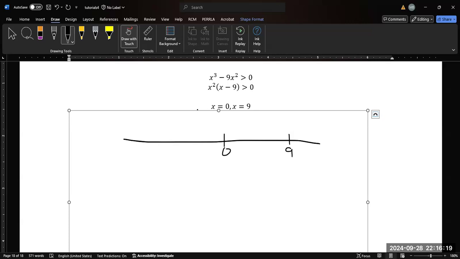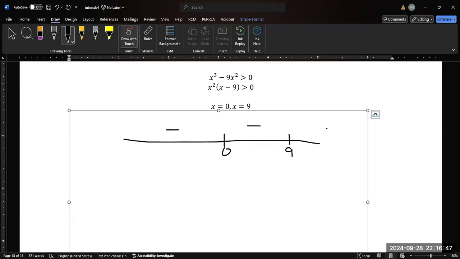So now if we check by plugging in some values, like if I plug in a -1, let's say, I'm going to get -1 squared. It's going to be positive. -1 minus 9 is going to be negative. It's going to be negative over here. If I plug in a 1, I'm going to get 1 squared, which is positive, and 1 minus 9, which is -8, which is negative. It's going to stay negative.